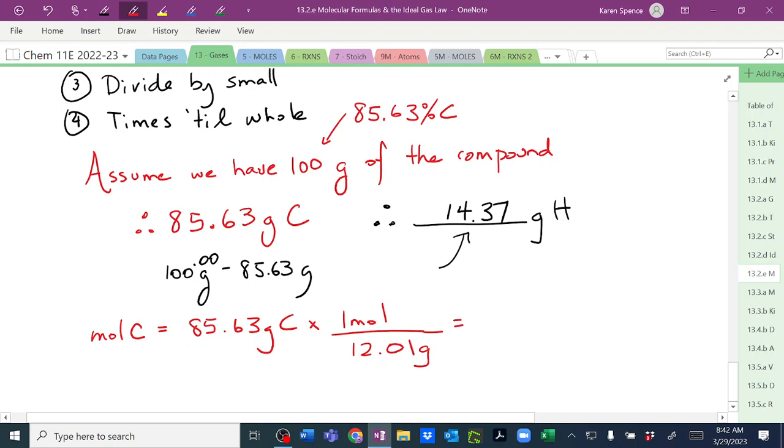So we have 85.63 divided by 12.01, and we get 7.1299 moles of carbon.